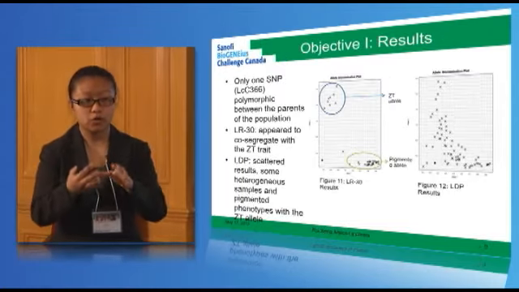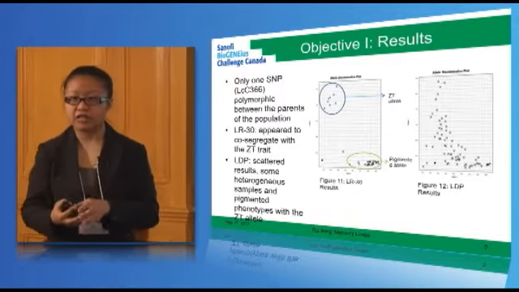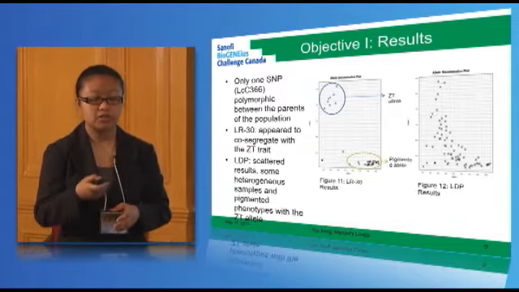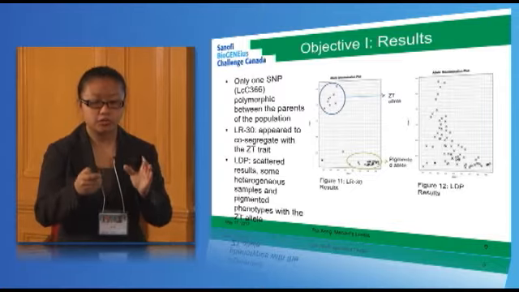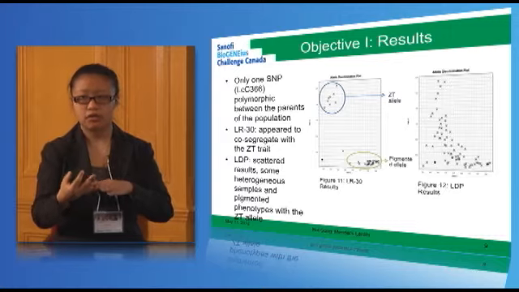When this was correlated with the phenotypes for each sample, the SNP alleles and phenotypes matched. And the SNP's behavior on LR30 indicates that it is extremely likely that the lentil and pea ZT genes are similar.